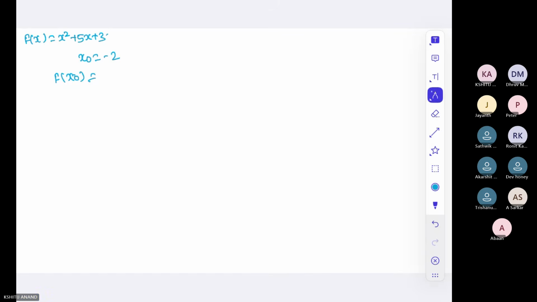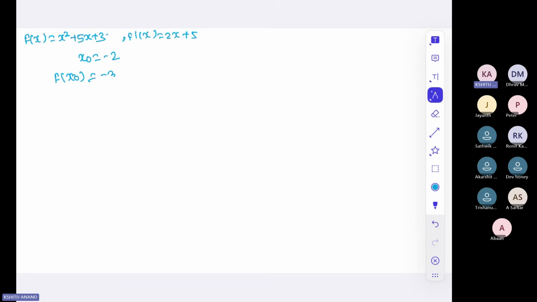What is f of x naught at minus 2? And f dash x will be 2x plus 5. It is -3, correct? So f of x naught will be -3.